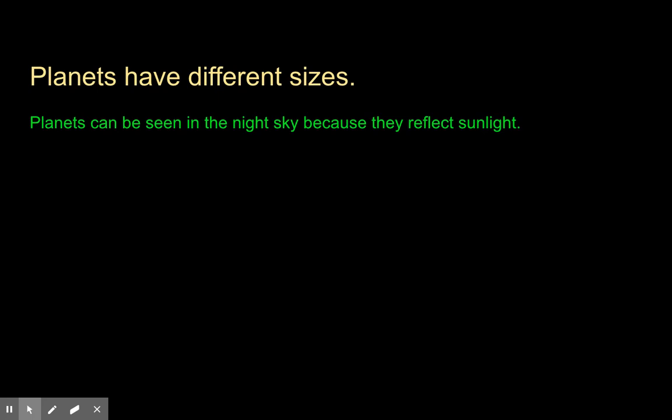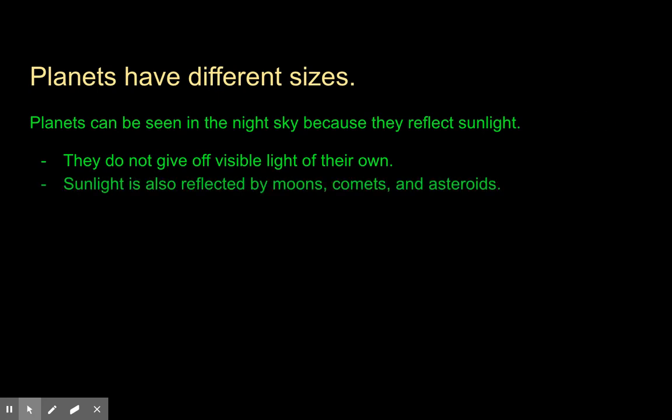All right. So planets can be seen in the night sky not because they generate their own light, but because they're reflecting the light of a nearby star. Moons, comets, and asteroids will reflect this light also. And objects in the solar system have very different sizes.